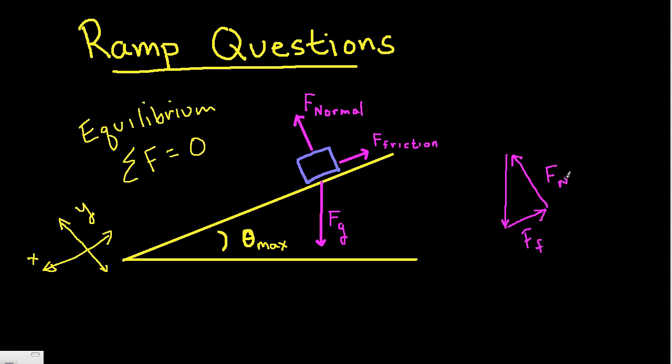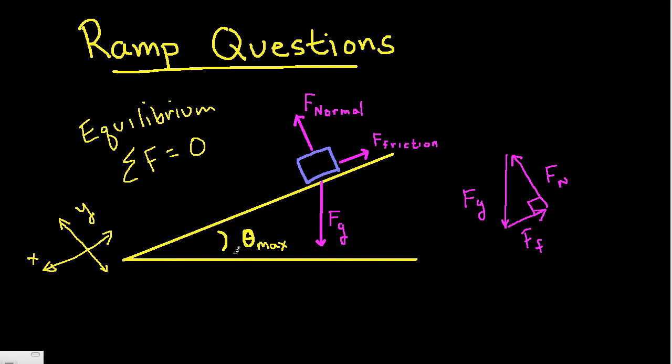And all three forces have to add to 0, which means tip to tail, they just make a closed triangle. Okay, so this is awesome. Not only is it a closed triangle, it's a right angle triangle. So all we need is an angle in here, and then we can figure out the relationship between all three.